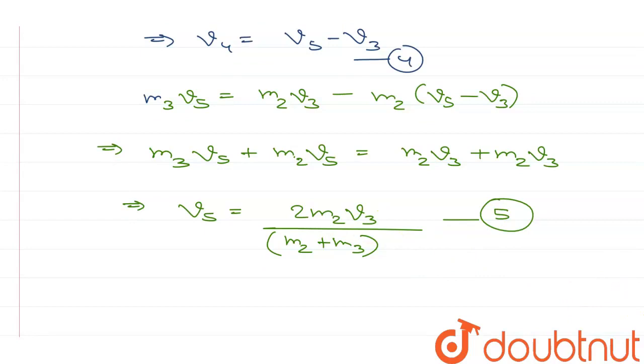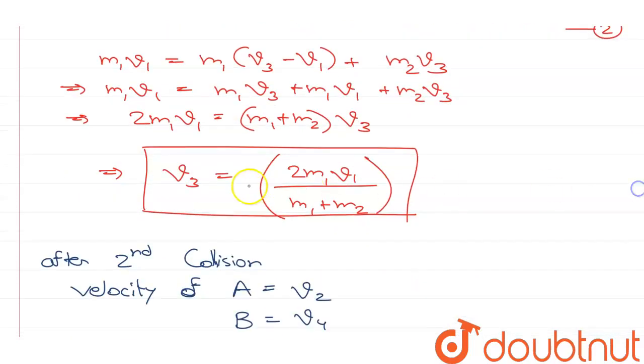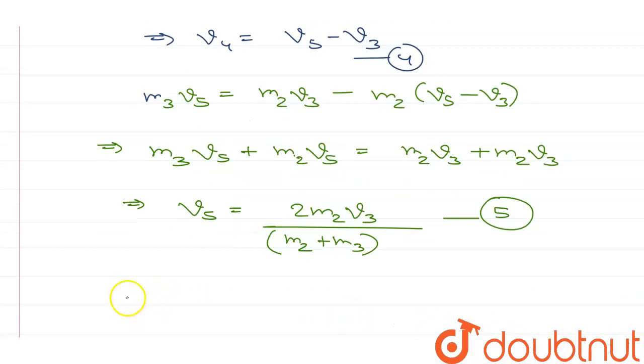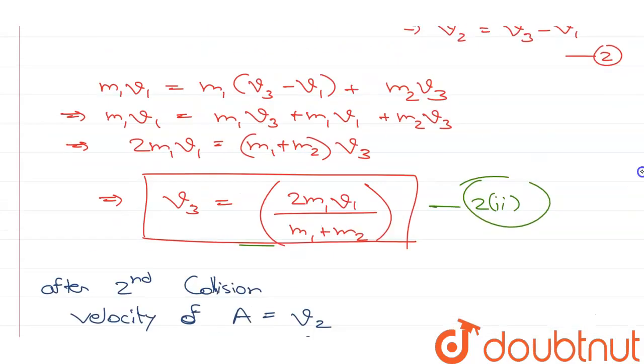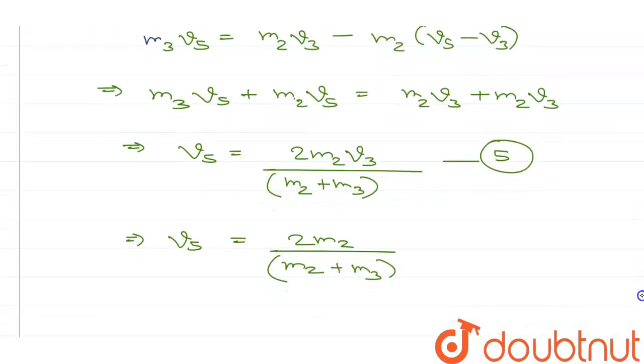Now if I put the value of v3 from, let's say this was equation number 2, into equation number 5, I get v5 is equal to 2 m2 upon m2 plus m3 into v3, which is 2 m1 v1 upon m1 plus m2.